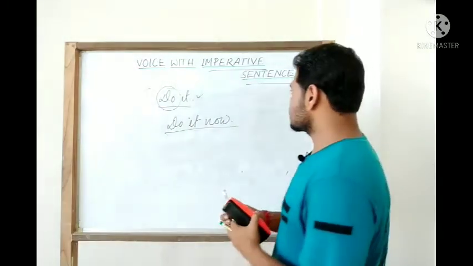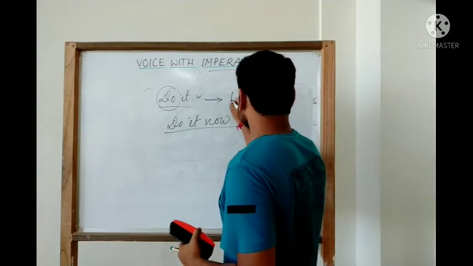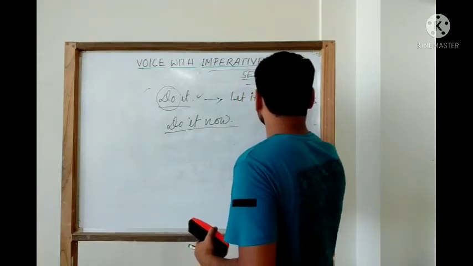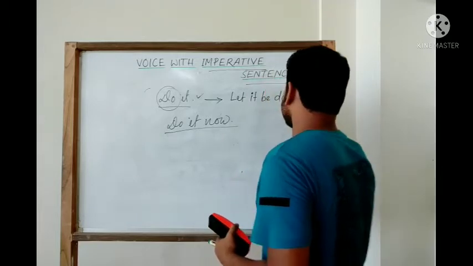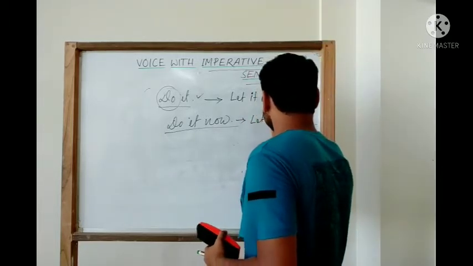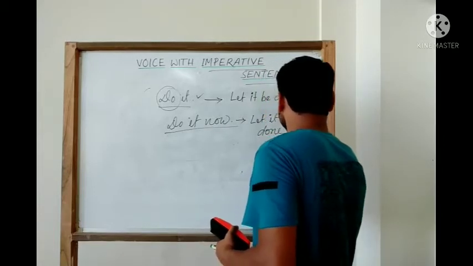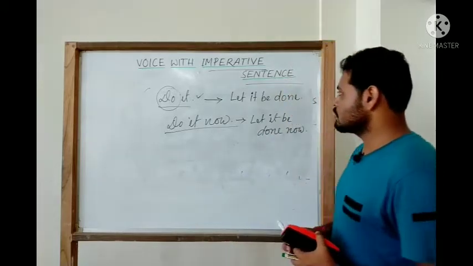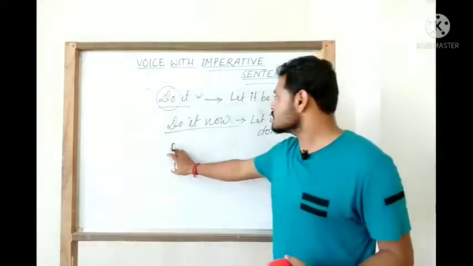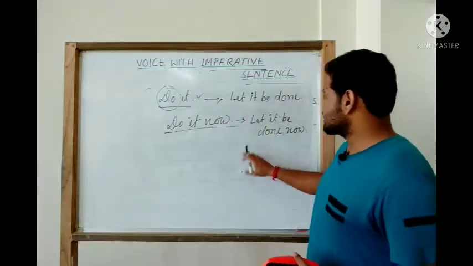So as I said, if we want to change it to passive, we have to use a let. So it is like this, let it be done. Again, if we write it like this, let it be done now.